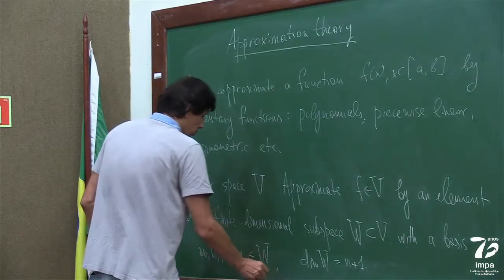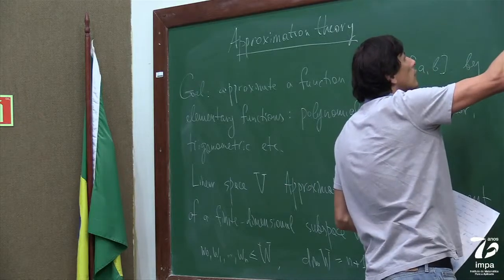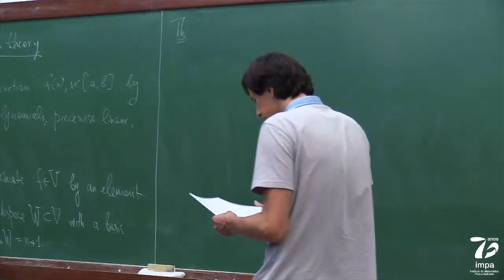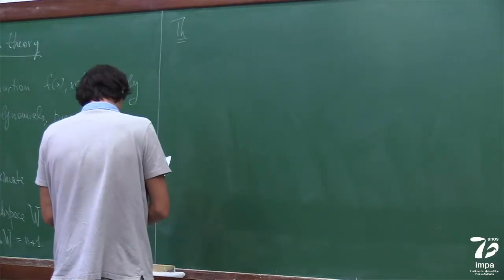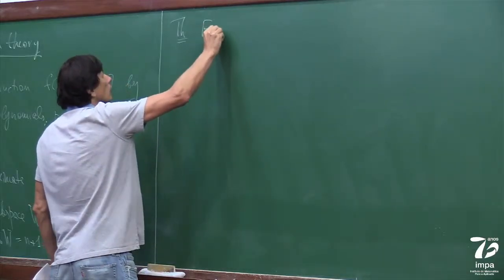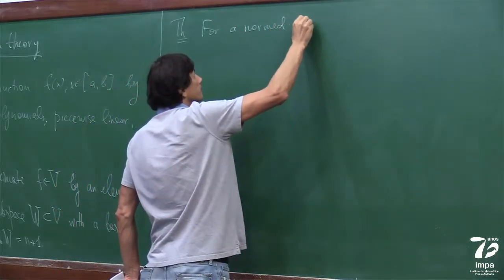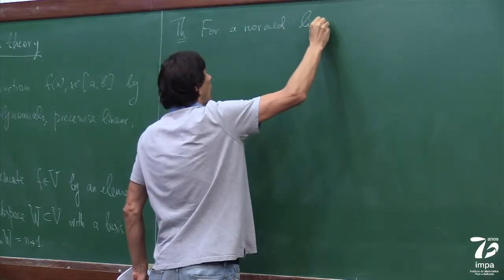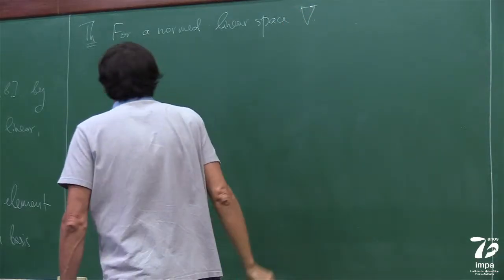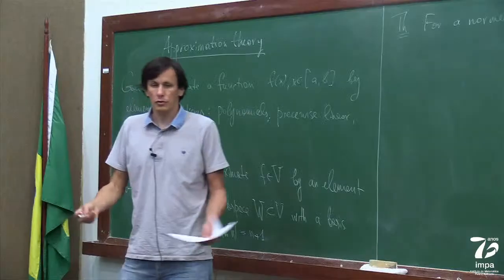Okay, so first is the theorem. I'll show it to you exactly as in the book. For a normed linear space V, assume that the space V has a norm, and using the norm we can define a distance.